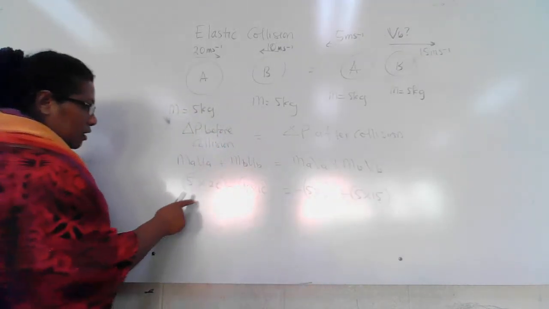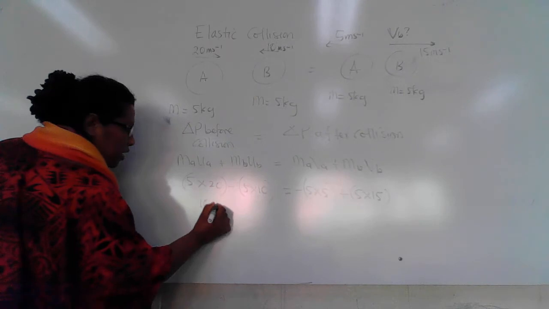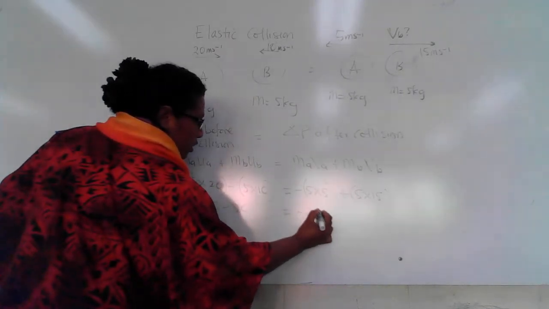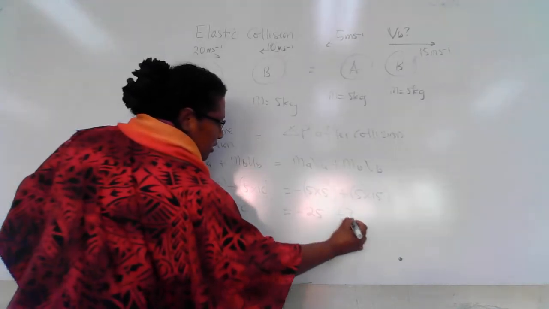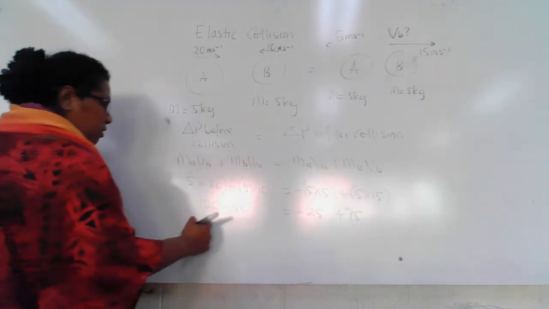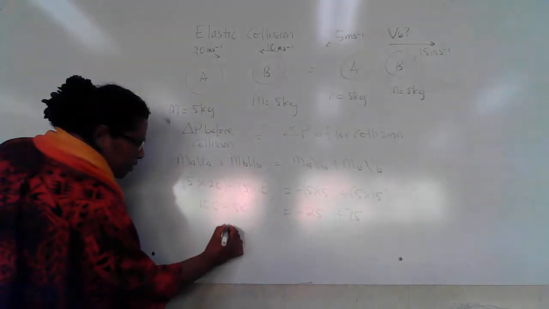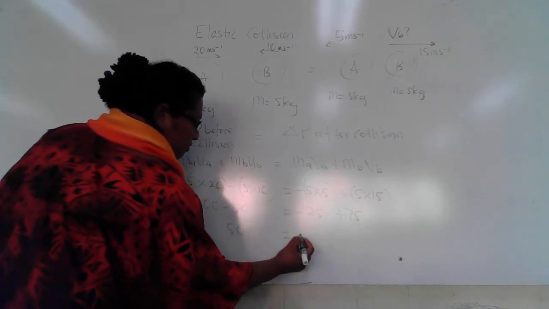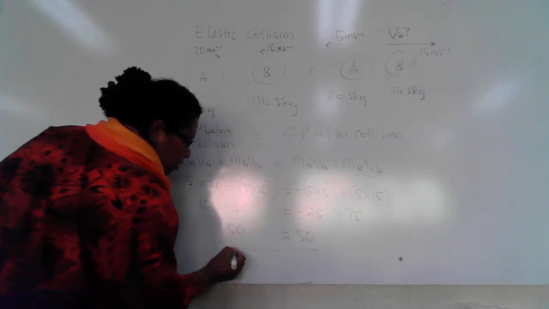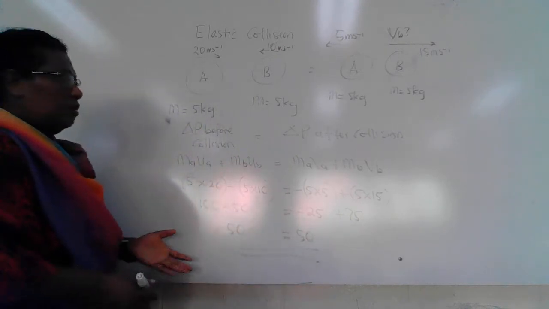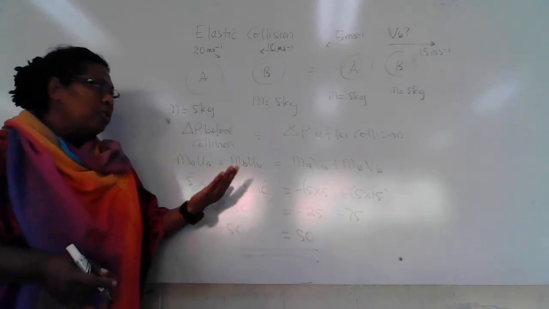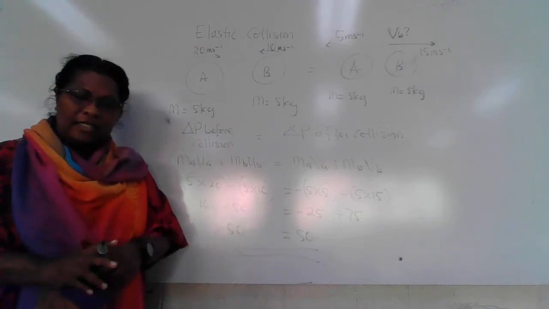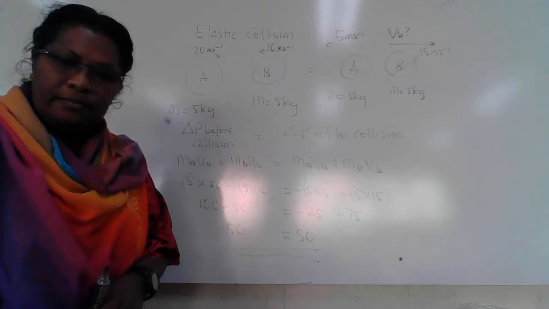So altogether, we have 100 minus 50, and that should equal minus 25 plus 75. So here we have 50, and minus 25 plus 75 is also equal to 50. So momentum is conserved. Momentum before and after collision is conserved, and this is for an elastic collision.